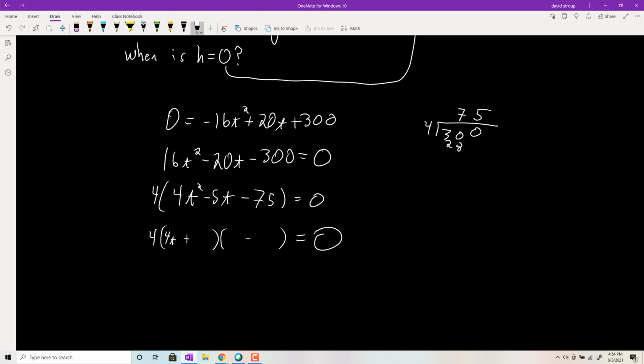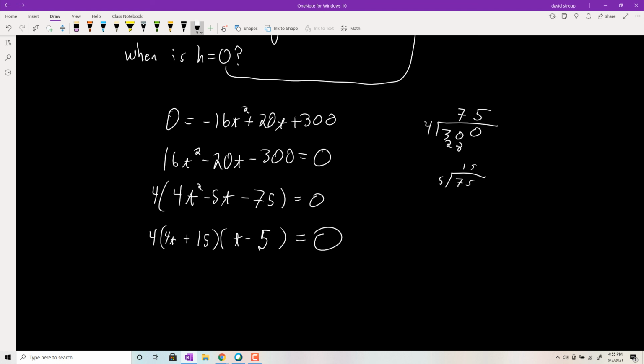How about 5 and 15? How many times does 5 go into 75? 15. Yeah, that's going to do it. So I want to put a 5 right here, and then the 15 right here.